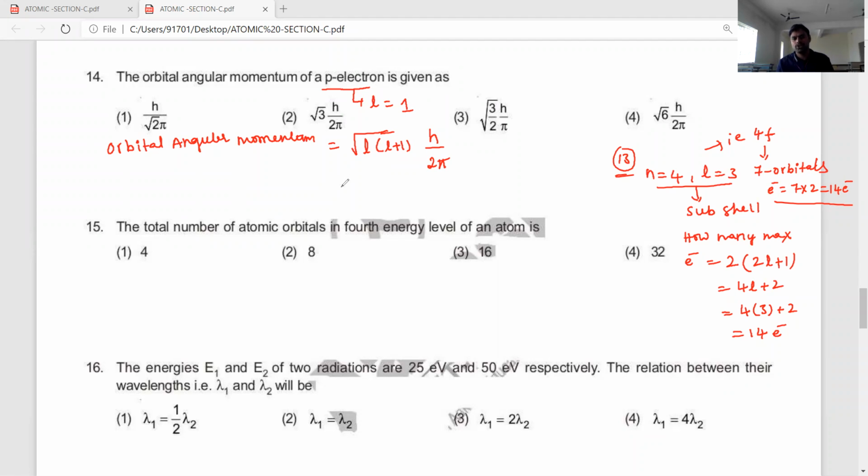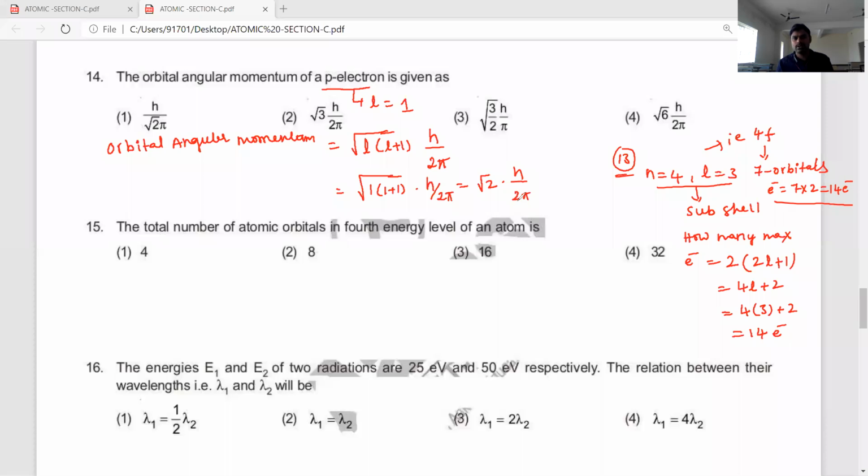Just substitute 1: root over 1 into (1 plus 1), which is 1 into 2, equal to 2, into h by 2 pi. That is root 2 into h by 2 pi.